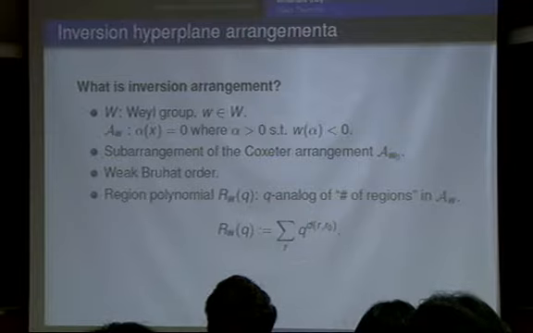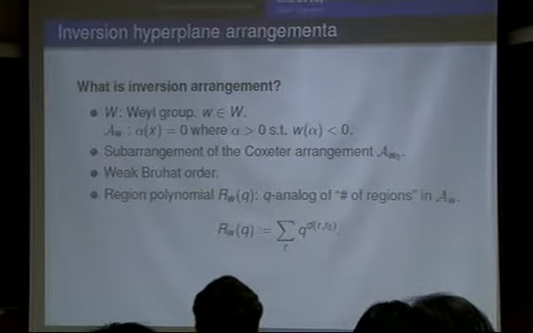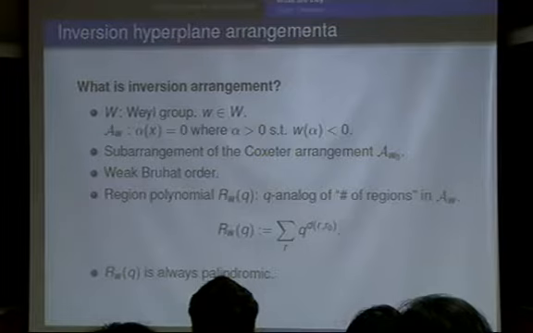Then we get the region polynomial. So if we plug in 1 here, it gives us just the number of regions. This region polynomial is always palindromic, unlike the Poincare polynomial.